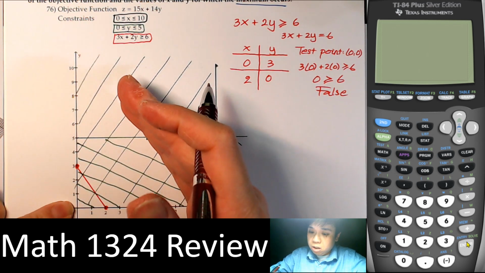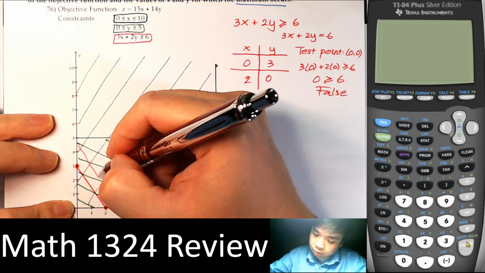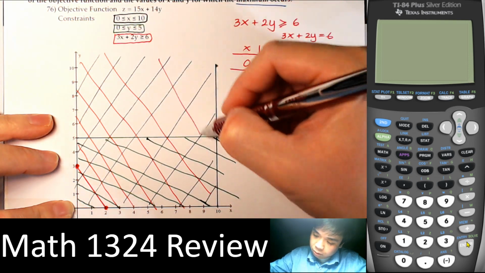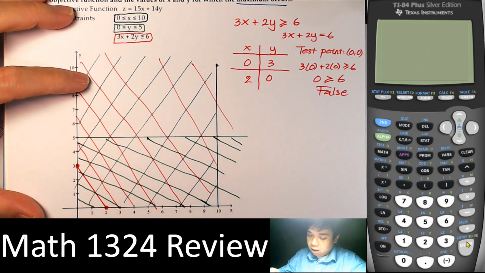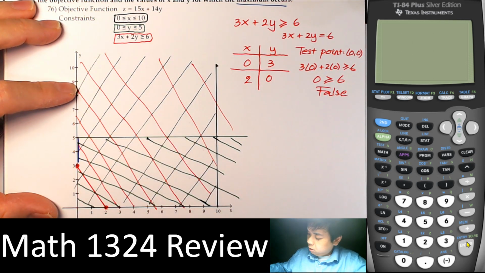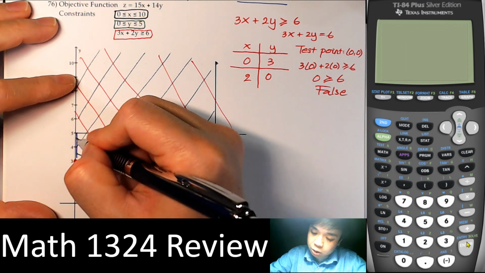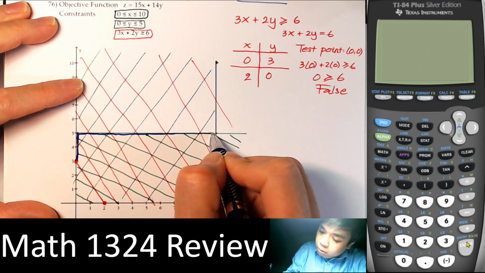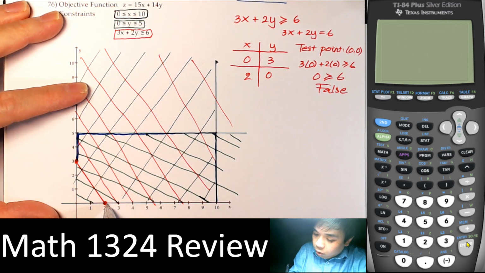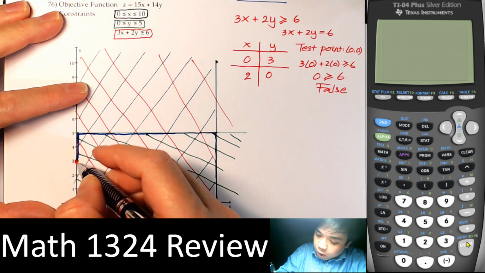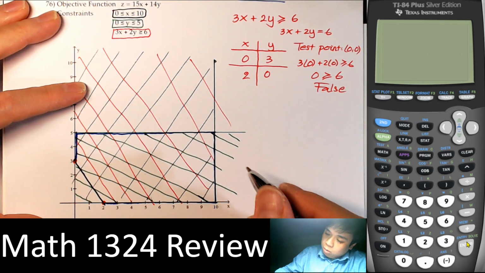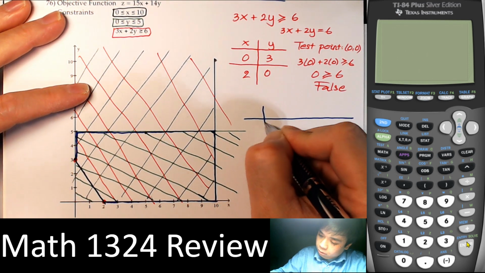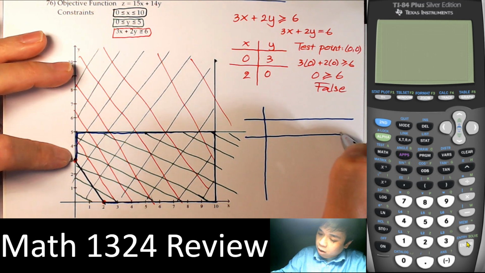So we're going to shade opposite to the line. So that's enough to determine that this is the solution region, the overlap of everything. So let's write out the points. There are 5 points.